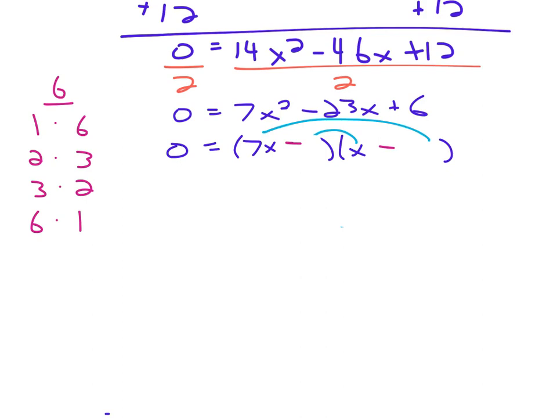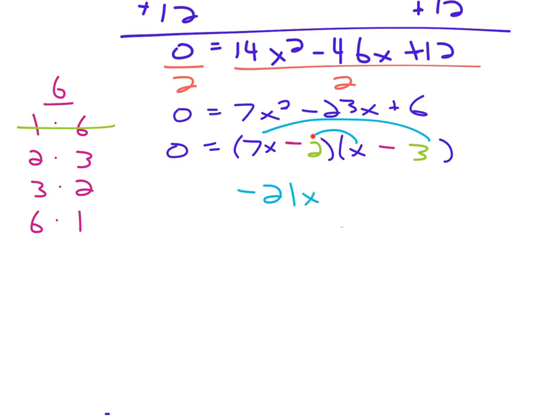And let's try the next. So it's not that set. So let's try the next two numbers, 2 and 3. Put a 2 there, put a 3 there, and let's FOIL them. Or let's do the outer and the inner. The outer, 7x times negative 3, and you get negative 21x.